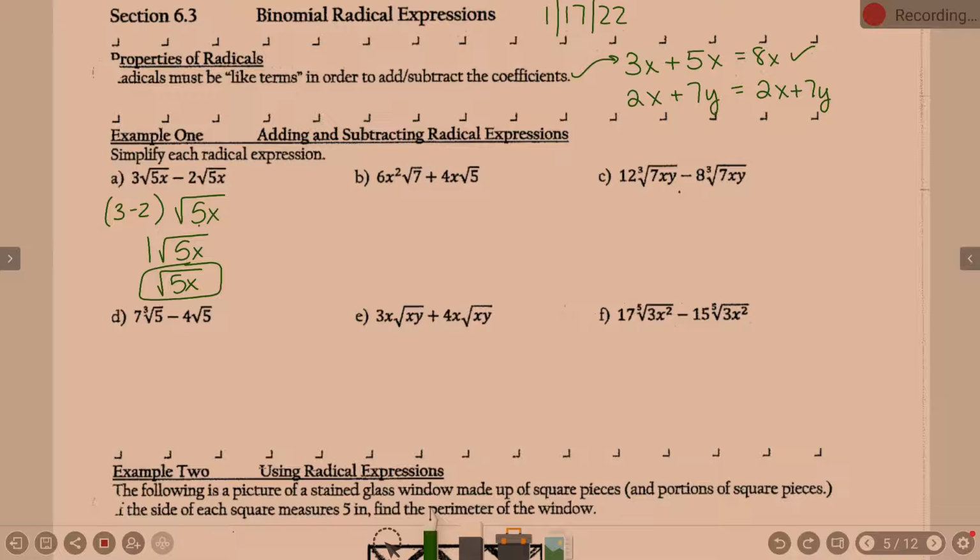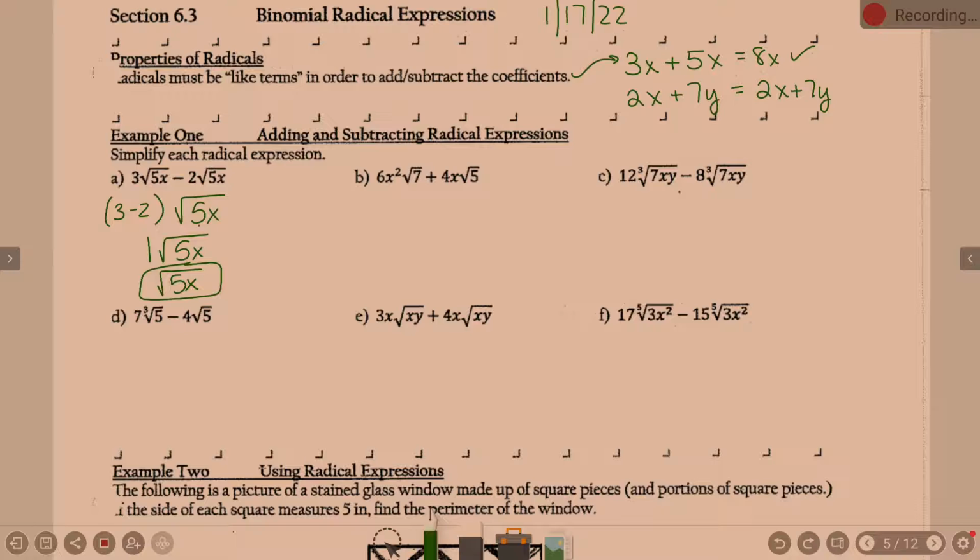Ready to try B? Okay. 6x squared, square root of 7, plus 4x, square root of 5. Thoughts? Say what? You add your square root of 6, then you add them together.